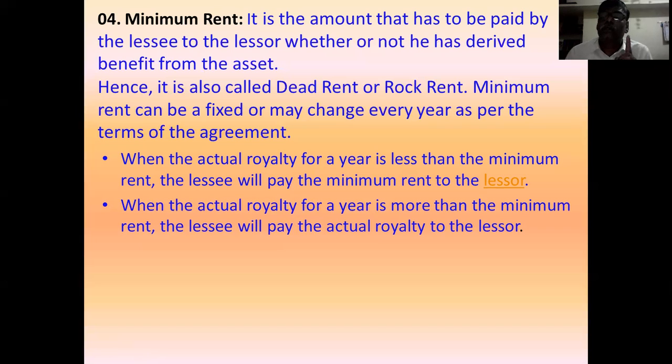The owner receives minimum rent if minimum rent is more than royalty, and the owner receives royalty if royalty is more than minimum rent. This is the point you have to remember, and we will solve the problem based on these two points. First point is very important: what is royalty and how we calculate it? And second is minimum rent.